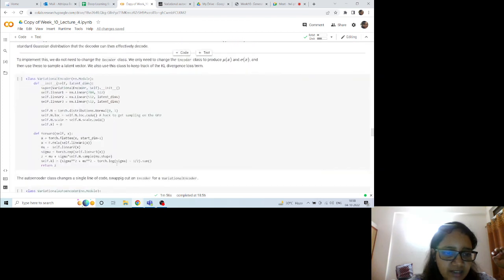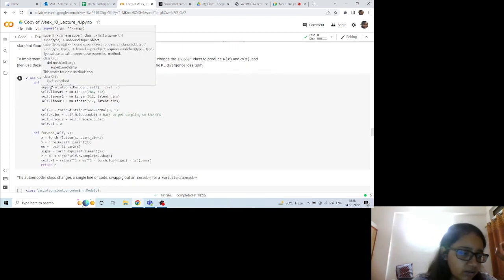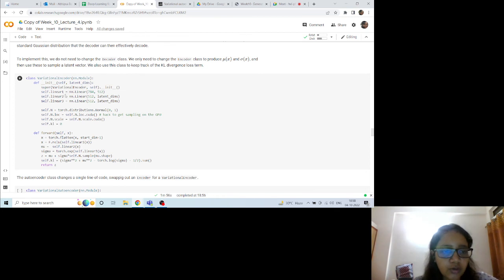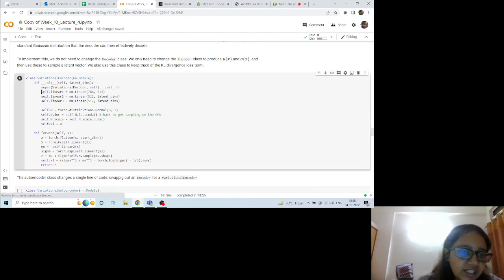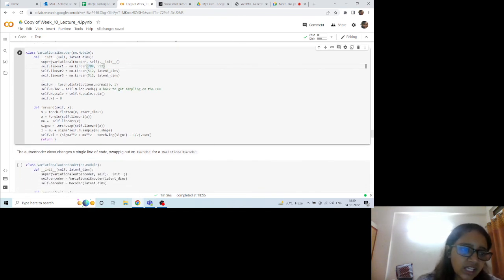So let's have a short look at the code. It is very similar to the previous case, just that now you have these three linear layers. One is mapping from 784 to 512, that is fine. The other two are basically the same, just two different weights going to the same dimension, 512 to latent dims. Then you have a normal distribution 0 comma 1.